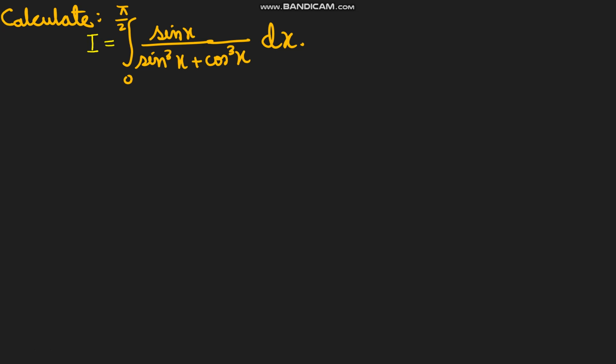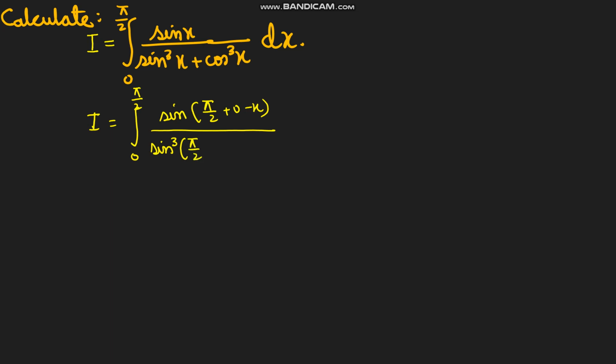Now using the property, since it is definite integration, we use the property that the sum of limits minus the variable, the integration will remain the same. So here I will write sine of pi by 2 plus 0 minus x, divided by sine cube of pi by 2 plus 0 minus x and cos cube of pi by 2 plus 0 minus x, dx.